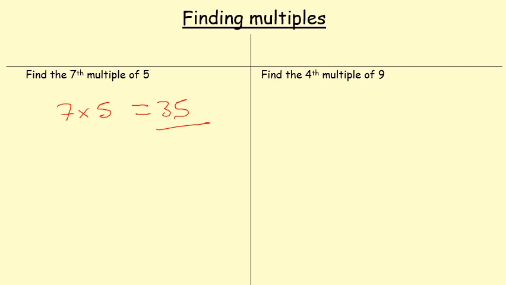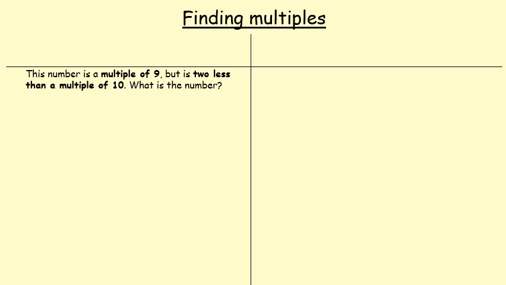On the right, just pause the video and have a go: find the 4th multiple of 9. Okay, so hopefully you found that relatively straightforward. The 4th multiple of 9 just means 4 times 9, and that is going to give us 36.